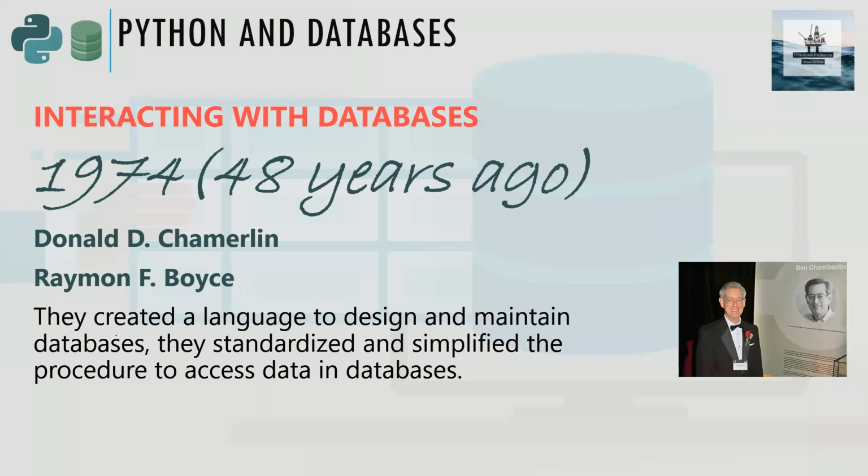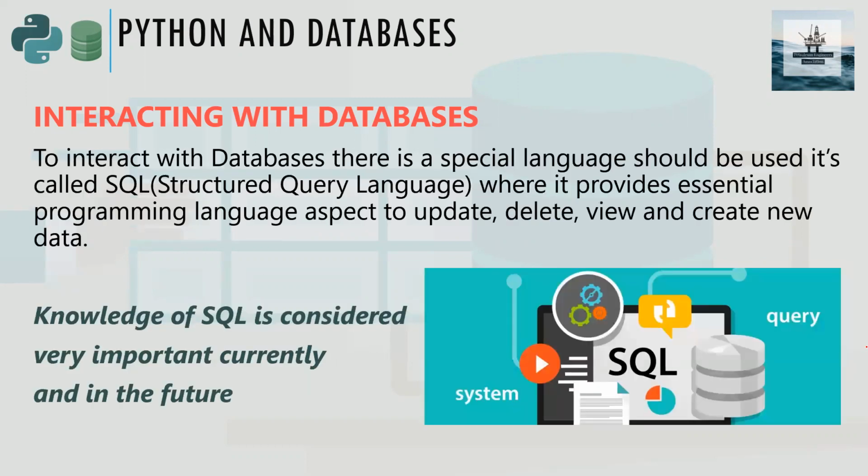By creating this language, they standardized and simplified the procedure to access and maintain databases. What these two people created is called SQL. SQL is short for Structured Query Language, a language dedicated to interacting with databases.